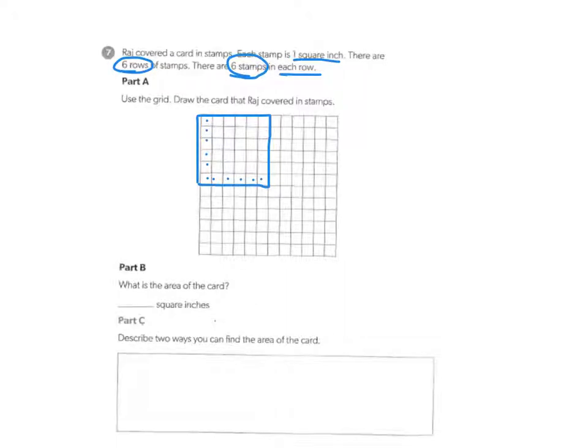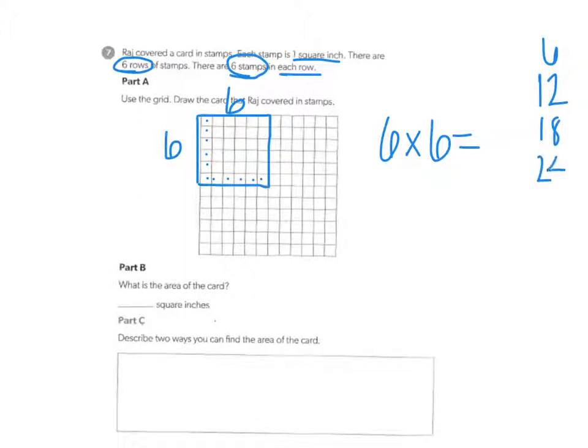Now I need to find the area of the card. So I can do it in 2 ways. I can count how many squares there are, or since I know that there were 6 rows and 6 stamps in each row, I can take 6 and multiply it by 6. So if you're not sure what 6 times 6 is, you're going to write your 6's down. So 6, 12, 18, 24, 30, 36.